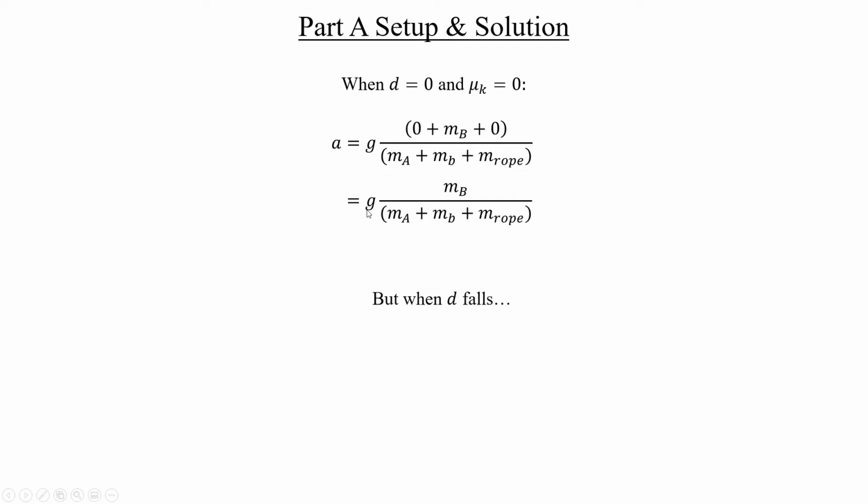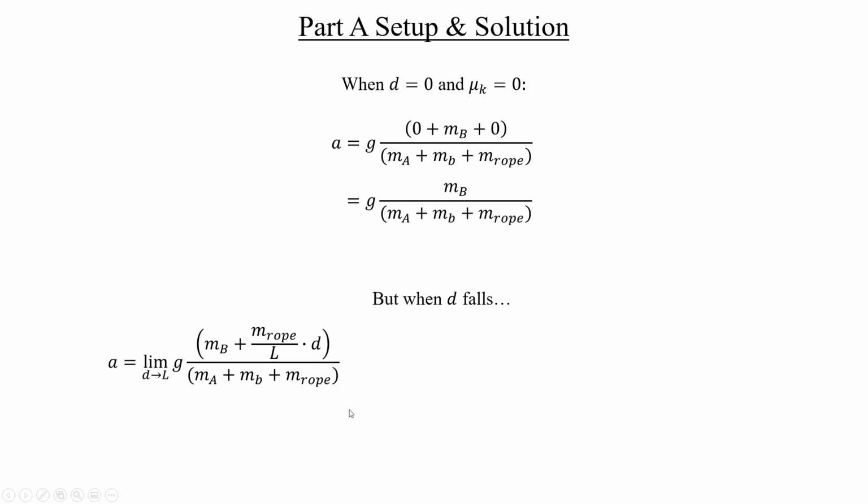It's a different story when the rope begins to fall, though. And we can figure out what the end result would be if we just take the limit of the acceleration expression as d becomes L. What does that mean? Well, what is the limit of the acceleration expression as the length of rope that falls becomes the entire length of the rope?